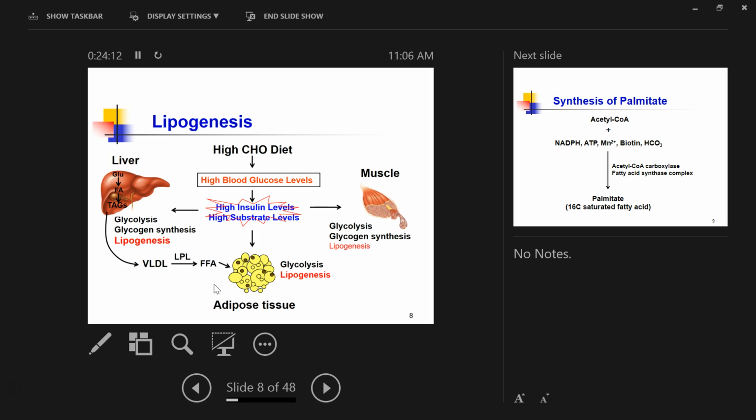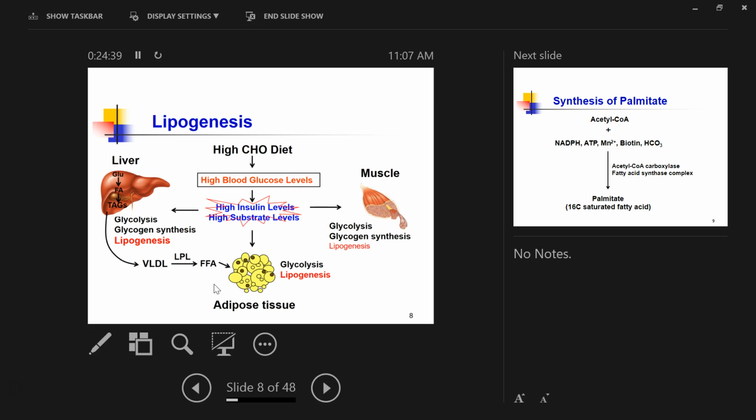The other thing I wanted to mention is that the transport of triglyceride from the liver to adipose tissue involves a very important process that involves lipoprotein lipase, LPL.